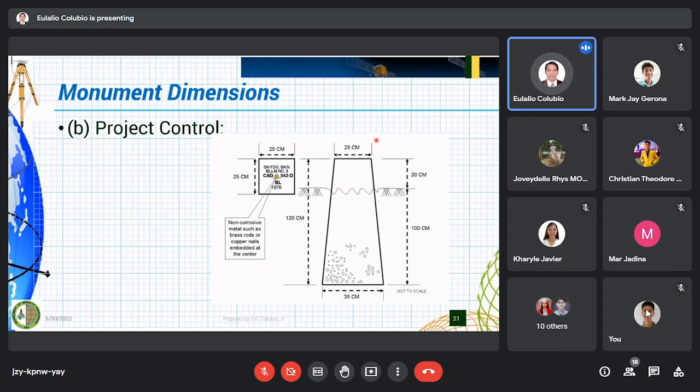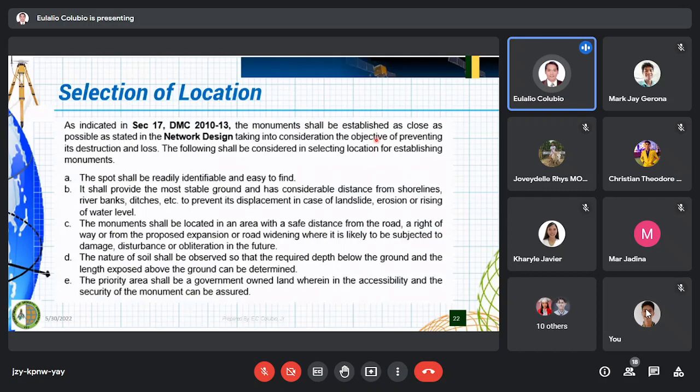Okay, for the selection of location, it is important to know how to select the location of geodetic control monuments. For project control, we are not strictly required to follow this guidance. But geodetic control is used for subsequent surveys and is of higher order accuracy, so we need to follow these standards.